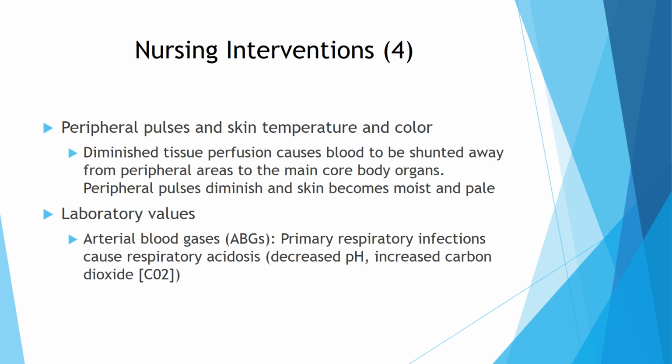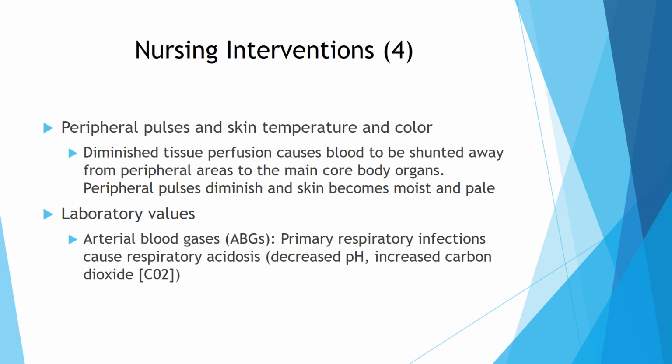Peripheral pulses and skin temperature. Diminished tissue perfusion, because remember, there is very little air exchange, right? Because the alveoli are affected. So there's going to be very little or no air exchange. So when that happens, there is no tissue perfusion, right? Because there's no oxygen to send out to the body.